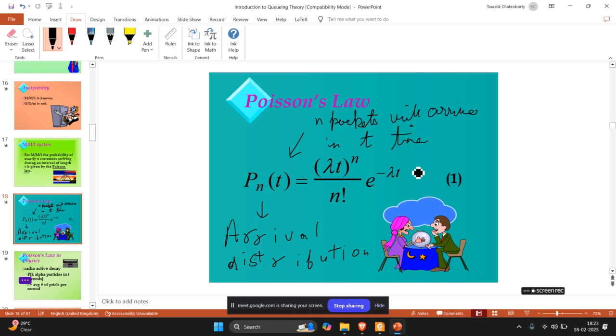So P_n(t) is given by (lambda t) to the power n by n factorial, times e to the power minus lambda t, where lambda, important, is the arrival rate. So the only parameter here is lambda. The probability that n packets will arrive in t time is (lambda t) to the power n by n factorial times e to the power minus lambda t.